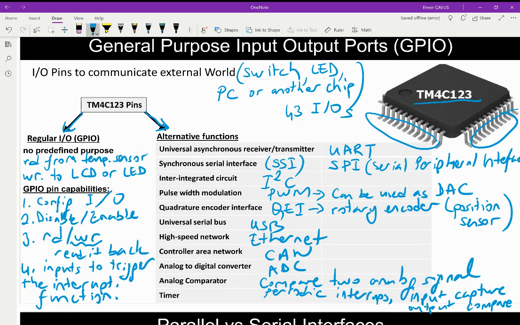In this lecture, we will briefly look at the UART, SPI, and I2C interfaces.